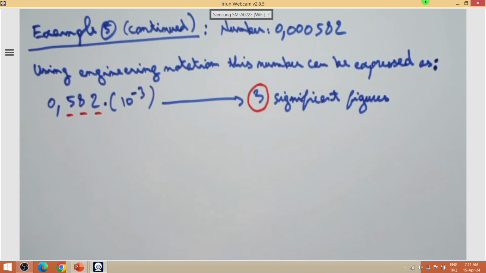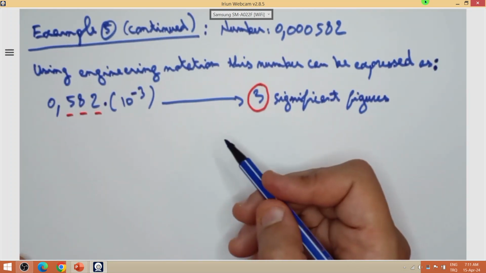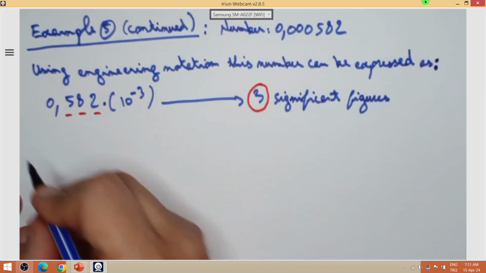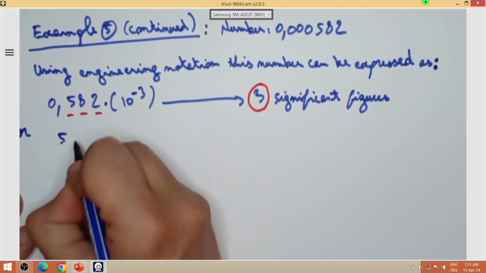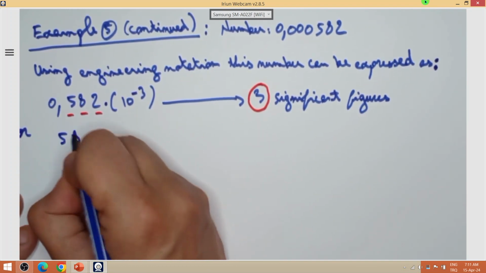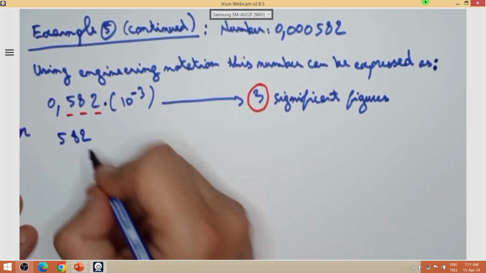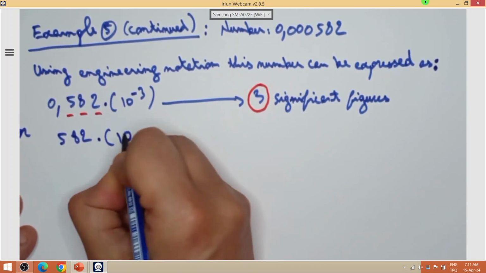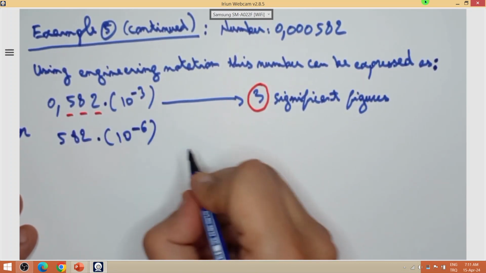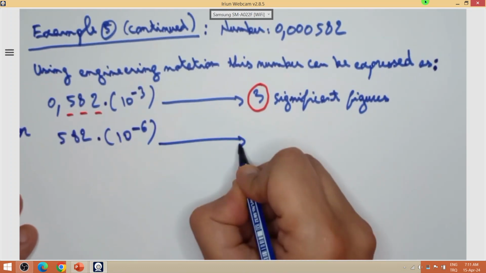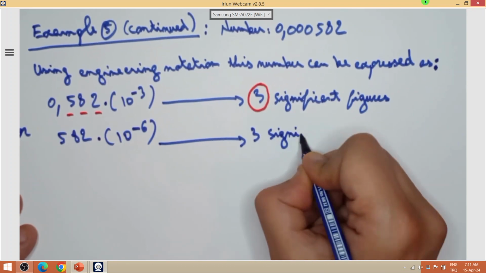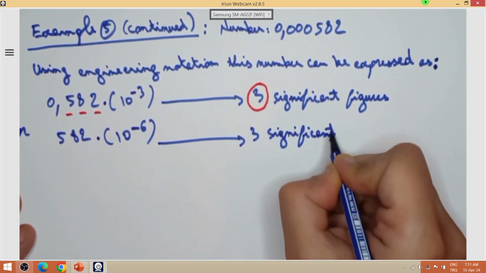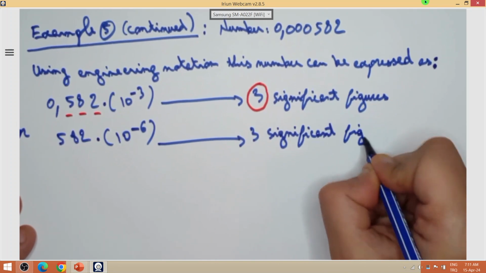We can write it again in another way. Still using engineering notation, we can write the same number as 582 times 10 to the power minus 6, and the number still has 3 significant figures.